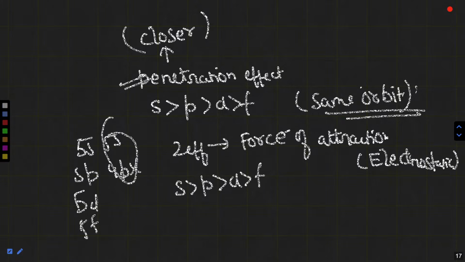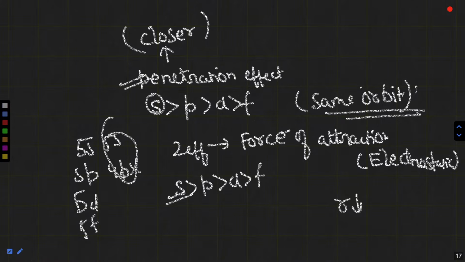Since the S orbital is closer, the distance is less for the S orbital, and as a result it will experience a greater force. Similarly it is lower for P, then D, and lastly F. Any doubt now? Anyone who has a doubt in this part?